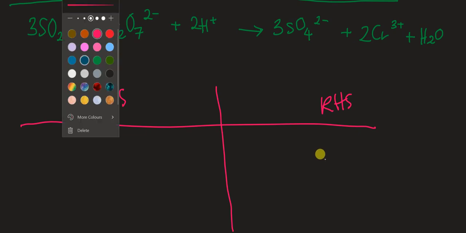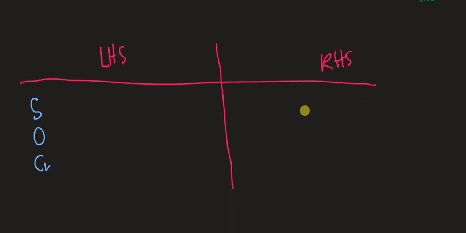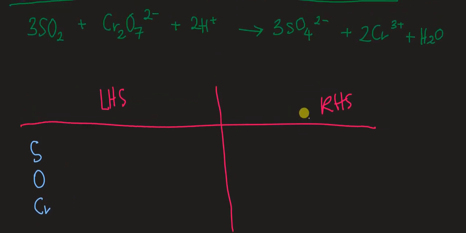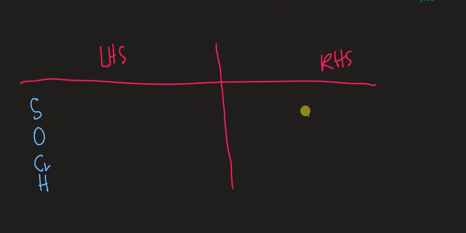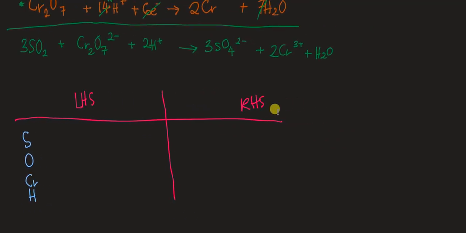So on the left hand side, we have sulfur, oxygen, chromium, hydrogens, and on the right hand side we have the same types of atoms. On the left hand side we have 3 sulfurs, and we have 3 sulfurs on the right hand side.